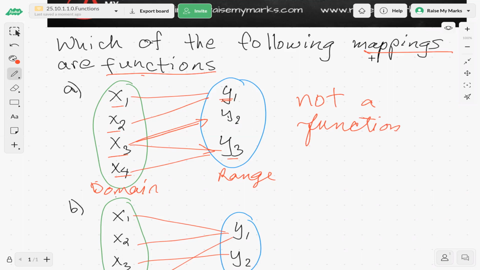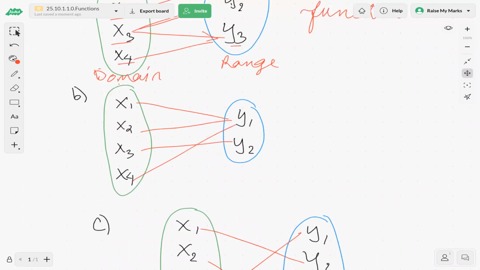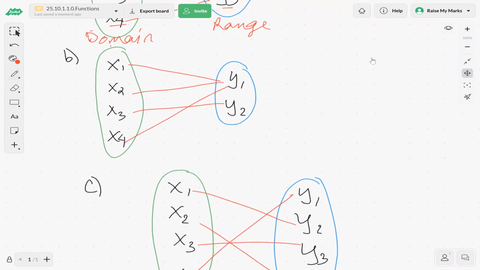So even if just one value in the domain maps to two distinct values in the range, that mapping is not a function. Okay, so let's try the next one. Part B, again, we have our domain and our range.